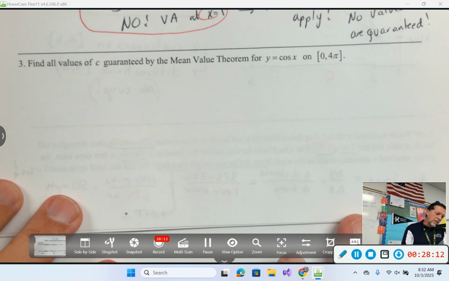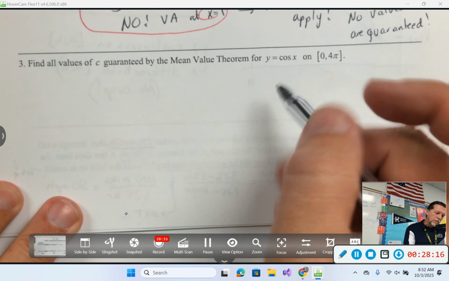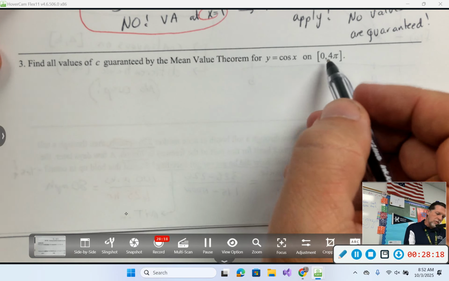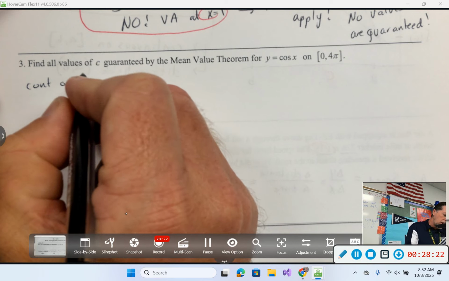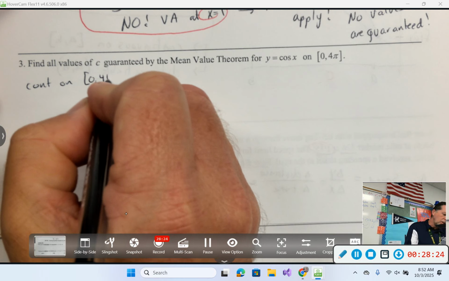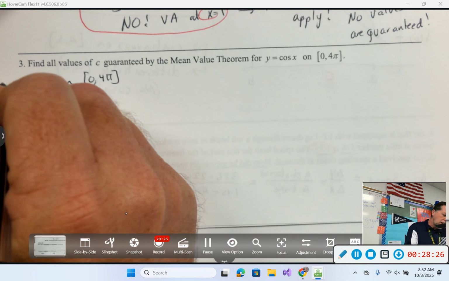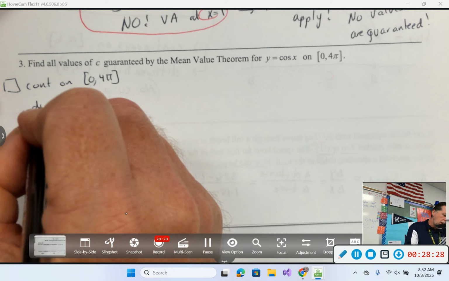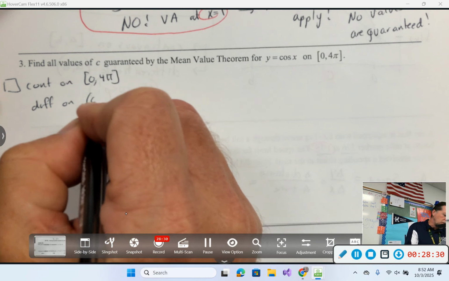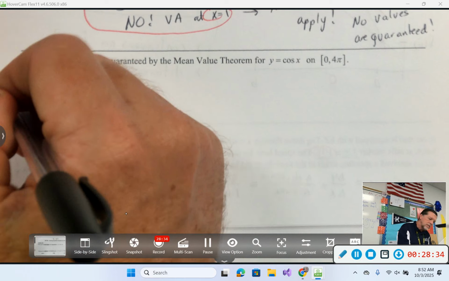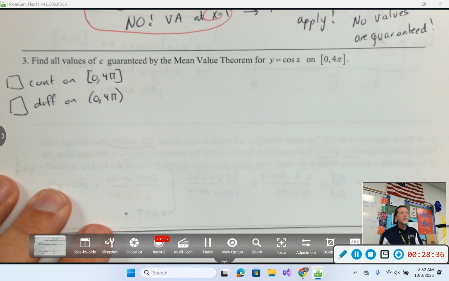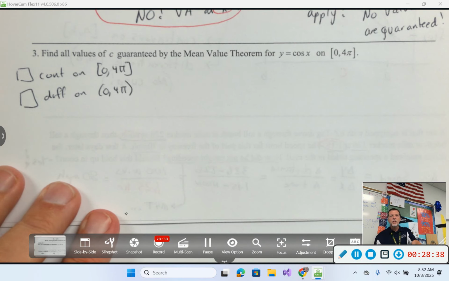Number 3, find all values of c guaranteed by the mean value theorem for y equals cosine of x on 0 to 4 pi. Okay, is it continuous on 0 to 4 pi? And is it differentiable on 0 to 4 pi? Do you remember what the graph of cosine looks like?